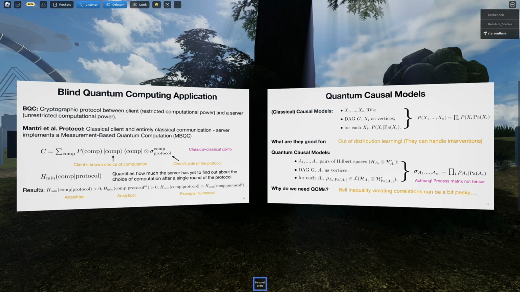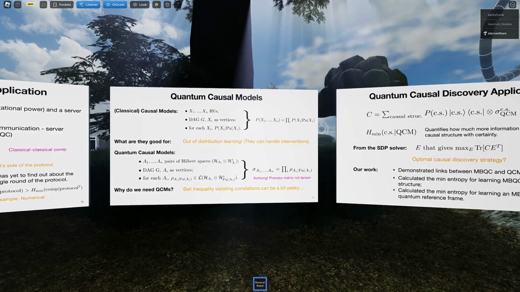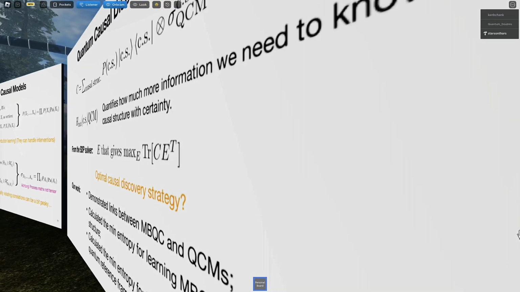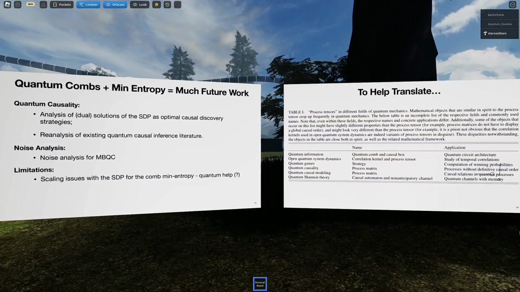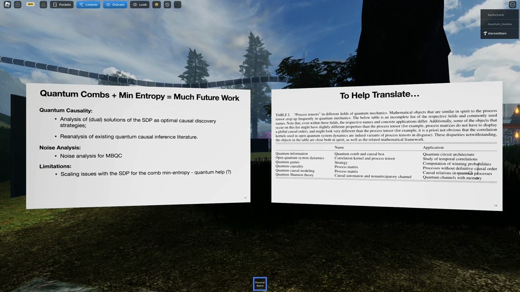I think I will basically finish there. So the final few slides really are just an outlook of future work. Mostly, I think I should just point out the limitation of this approach. Trying to do the semi-definite program for finding the mean entropy caused us a lot of problems because we could only do really small cases.